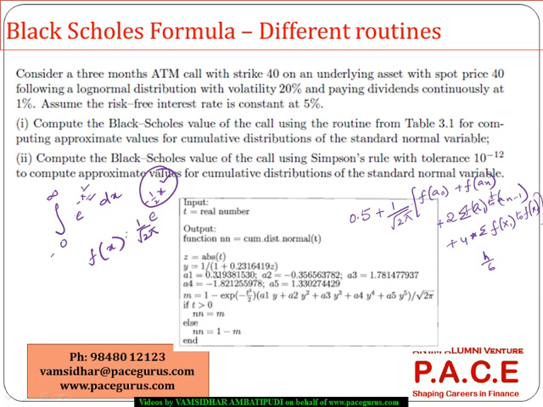If I am looking at just around 4 digits after the decimal or 5 digits after the decimal, my N of d1s would be more or less matching, but depending on the kind of a routine that is being used, the real difference between the N of d1 occurs, and that could result in the price of the call option also differing. But remember, it's not one call option we are going with.